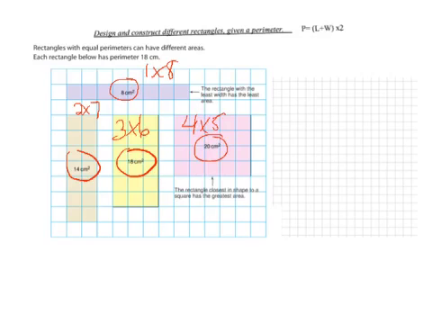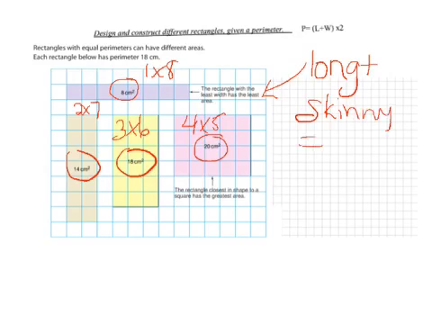What we will always find when we are creating rectangles that have a certain perimeter is that rectangles that are long and skinny have small area. Long and skinny equals small area.